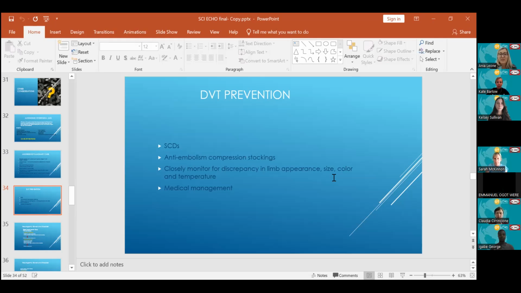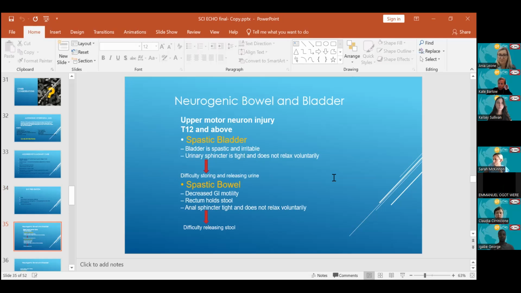You can use compression stockings, or really closely look at their skin. That's so important. And a lot of times we are the ones initiating the medical management. You're alerting your provider that you're suspecting there is a DVT in the making for this patient. So again, just honing in on your observational skills and really paying attention to all of your patient.